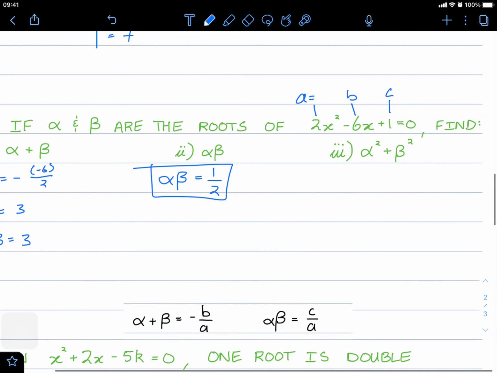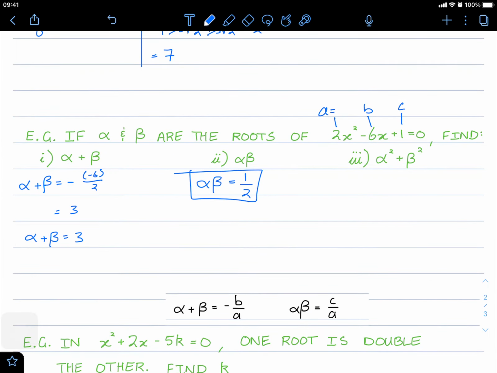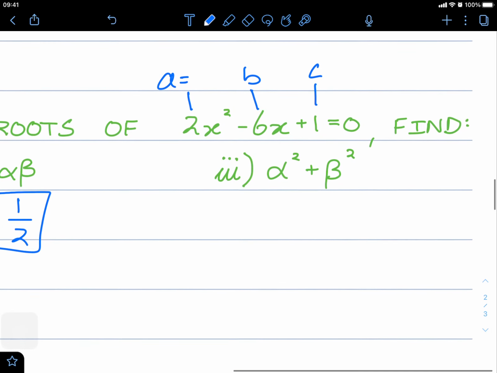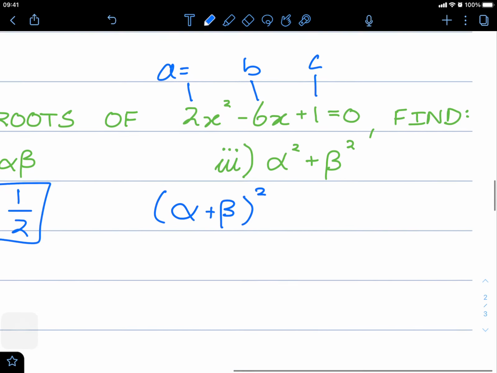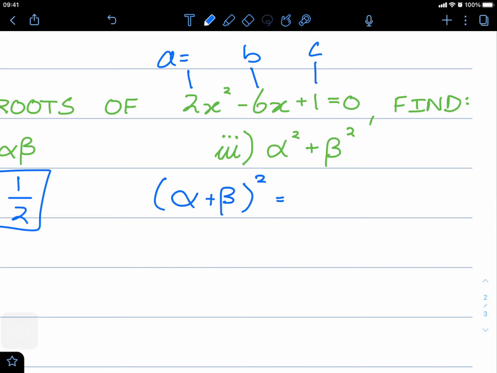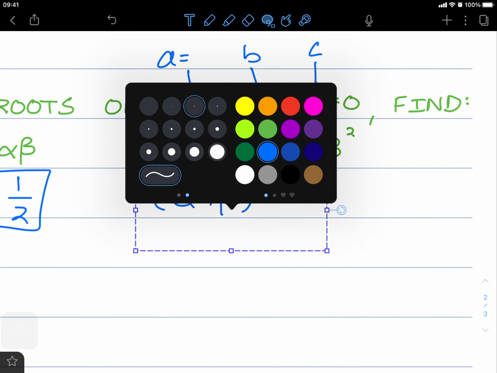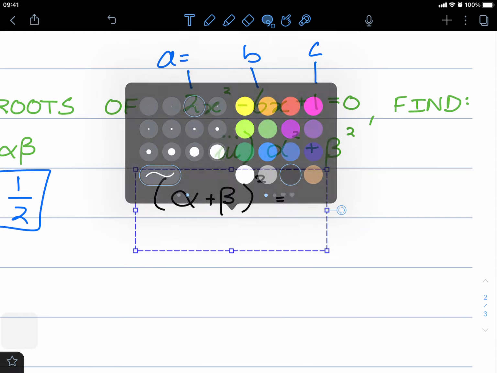And for the last one, this one's a little bit trickier. Alpha squared plus beta squared. In order for us to get an expression that looks kind of like this, it looks as if it comes from this expression. However, let's do this in a different color just to show you that it's not part of the calculation just yet.